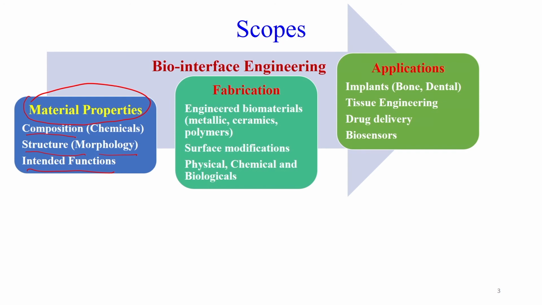The first approach is to use engineered biomaterials, engineered metallic, ceramic or polymeric biomaterials, and the second approach is to go for surface modification. Different physical, chemical and biological methods are used for the surface modification, and finally, the intended applications include implants, bone and dental implants, tissue engineering, drug delivery and biosensors.